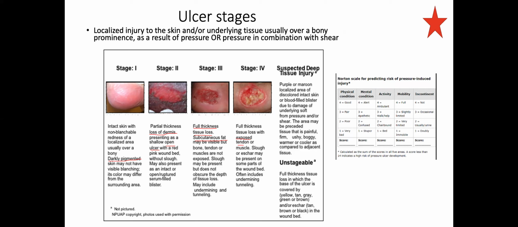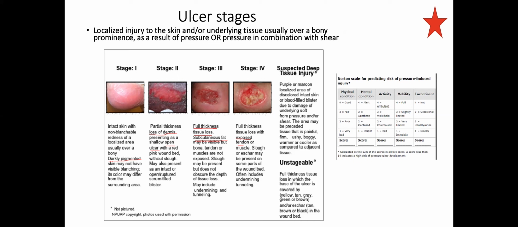Stage 3 is a full thickness tissue loss, and subcutaneous fat may be visible, but not the bone, tendon or muscle. And stage 4 is going to be full thickness tissue loss with exposed tendon or muscle. Eschar also may be present.